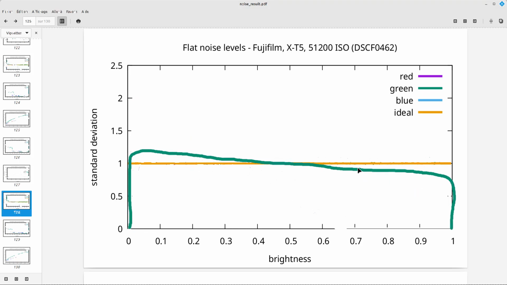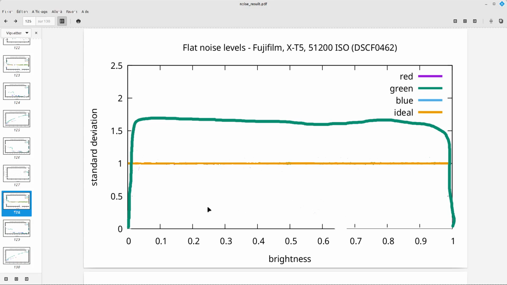This is an example which is a bit less extreme, but what we don't want is curves like this. Here we can see that basically the trend is not at all near 1. Here it's near 1.6, 1.7, something like that.